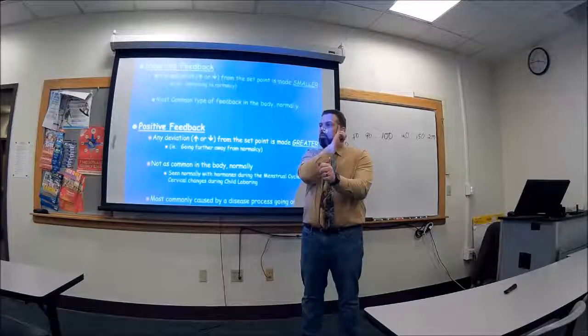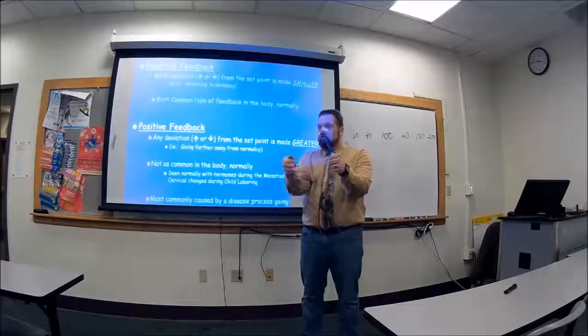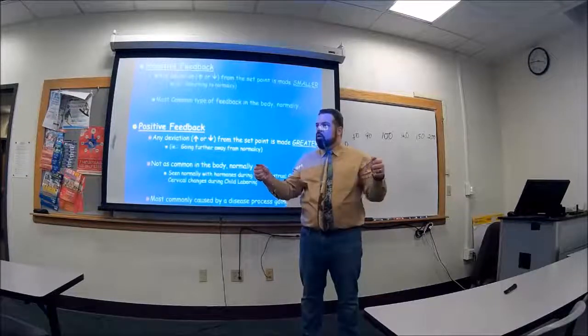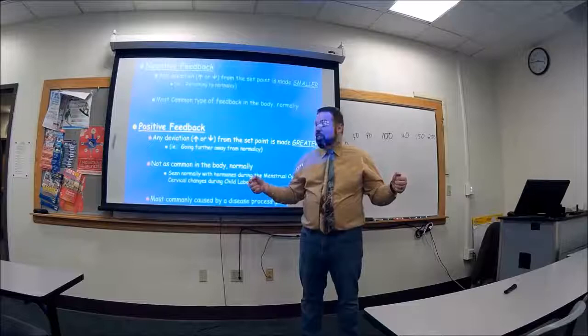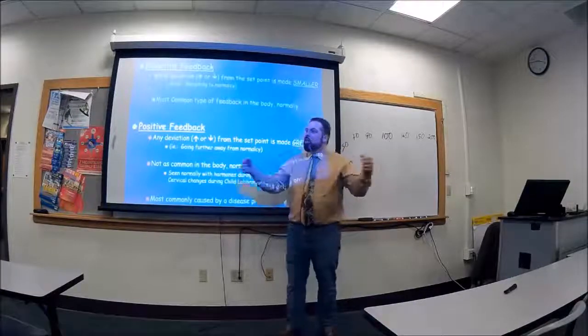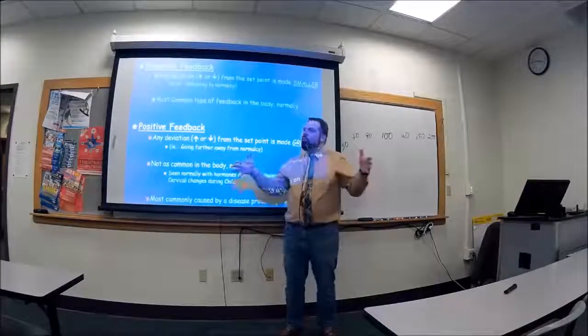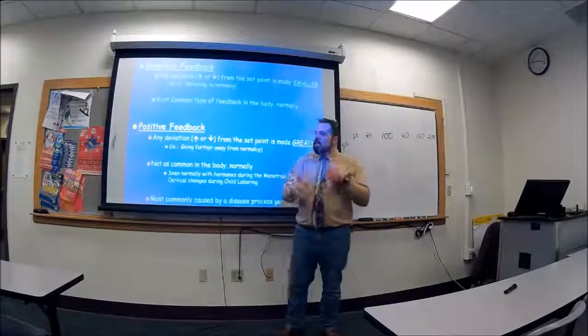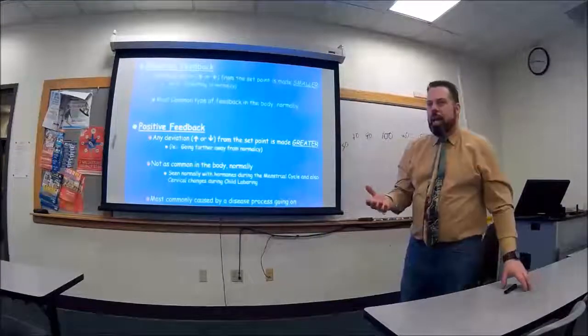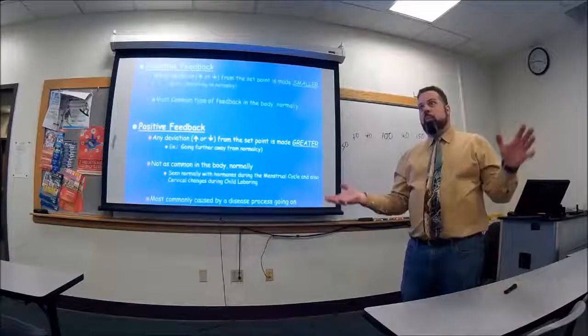Okay, no problem, I'll give you more pain. It goes right back and makes it wider. Wider. Not that much, but wider. Okay, hope not. Don't want to scare you. But yeah, it goes wider. It's going further from the set point. The baby comes out, and then it goes right back down. So that's a case where it is normal for it to happen. Otherwise, the baby would just be stuck in there, right?